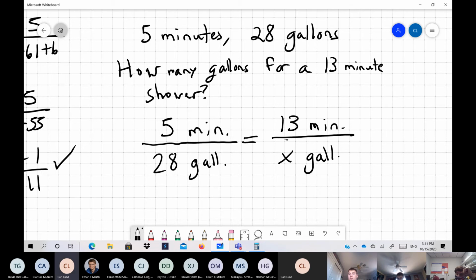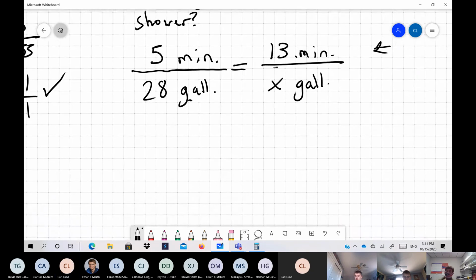This is our proportion. It's important that we have things lined up. If I have minutes on top for one ratio, I should have minutes on top for my other ratio. If I have gallons on the bottom for one, I should have gallons on the bottom for the other. It's important that they line up like that. Otherwise, you will get the wrong answer.